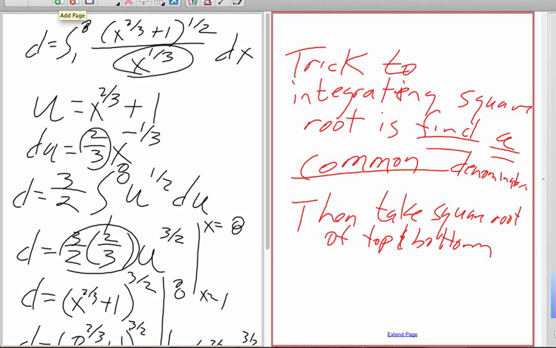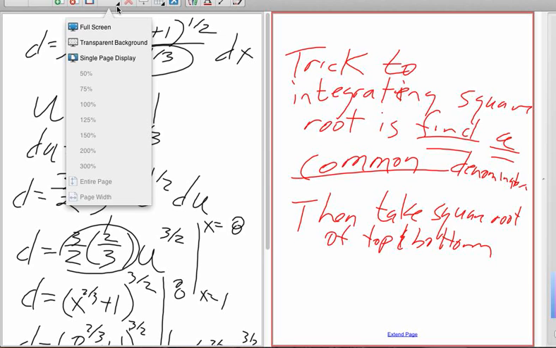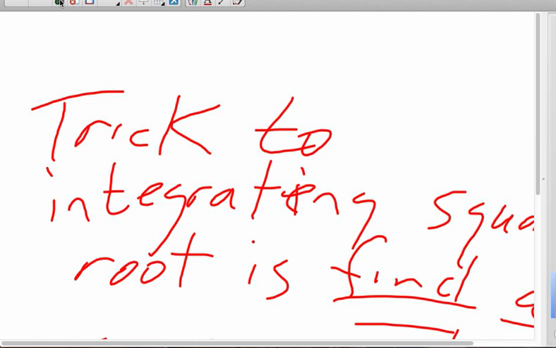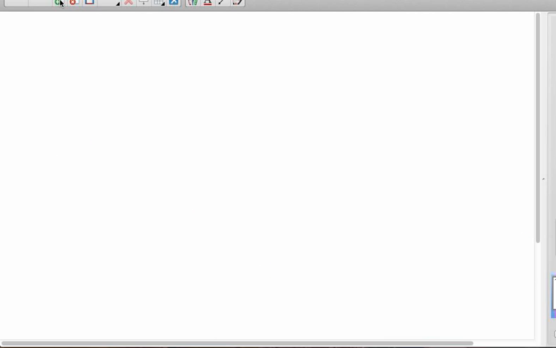So let's take a look at one which handles a little bit differently, but you use the same rules, all right? And it sort of illustrates the point of keeping your wits about you when you do this. So this is our next example.